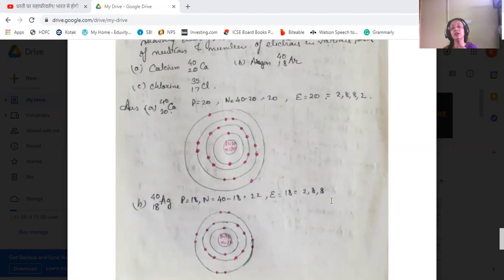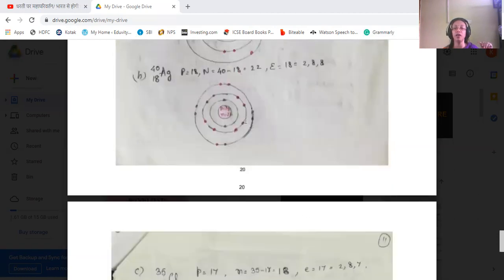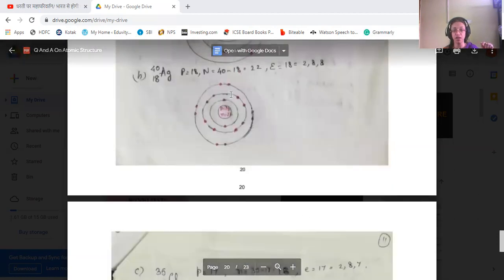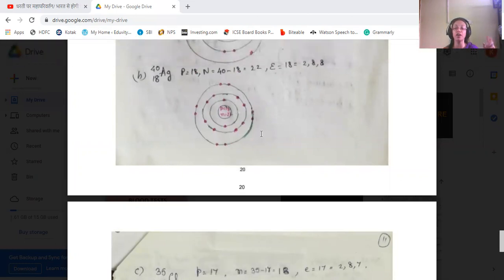That means it's a noble gas. The diagrammatic representation will be like this: 2 on the first shell, the second shell will contain 8, and the third shell, the last valence shell, will also contain 8 electrons. That proves the octet rule. So it has completed the octet and therefore it's a noble gas.